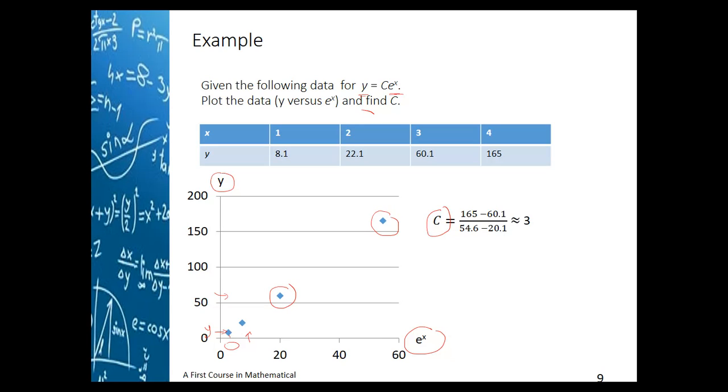Your c, the first one is this value, 165, and then the second one is this value, about 60.1. So your valuation for your e to the x value now becomes, in this case, this one, it's a little bit off. So let's say this one is 60.1, and the second one is 20.1. So once you do the calculation a little bit, you have three.